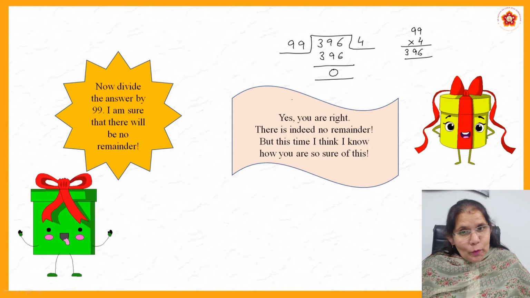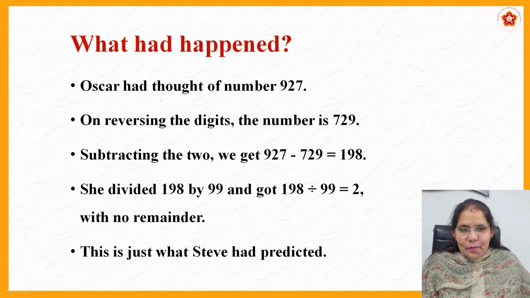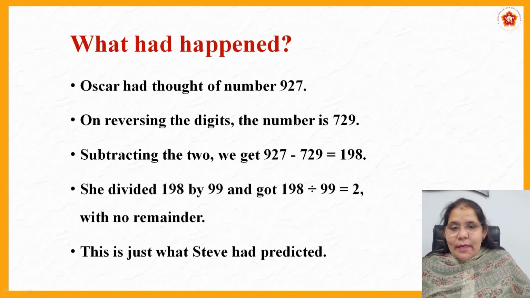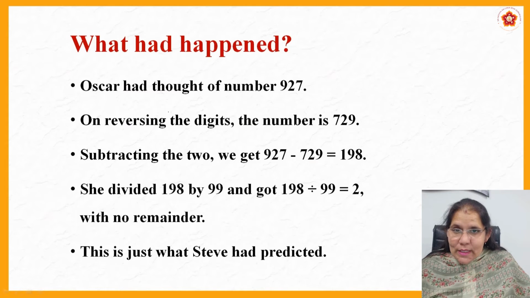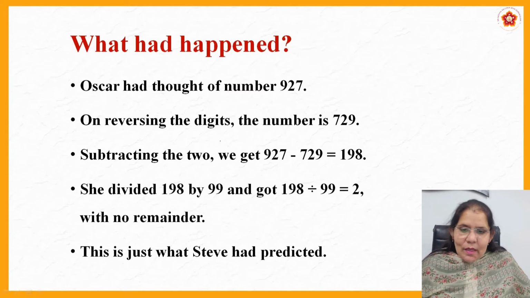But this time, I think I know how you are so sure of this, because Oscar had seen through Steve's tricks when two-digit numbers were involved. What had happened? Suppose Oscar had thought of number 927. On reversing the digits, the number becomes 729.